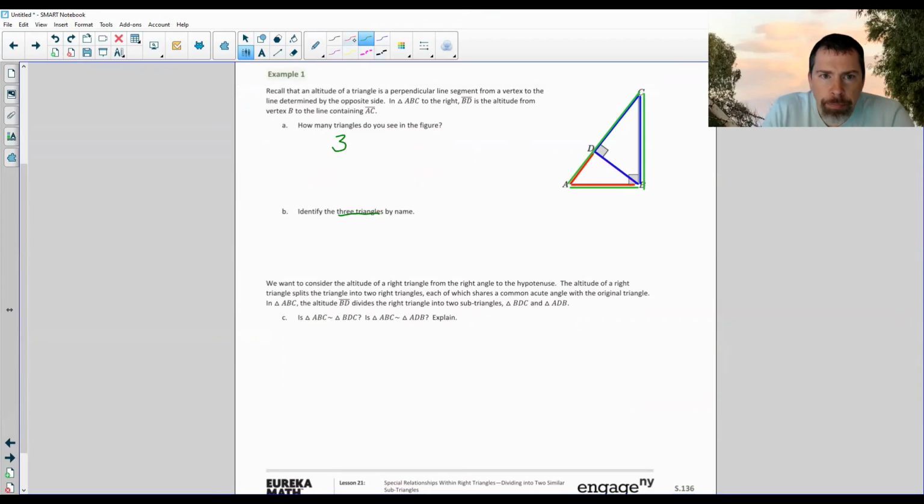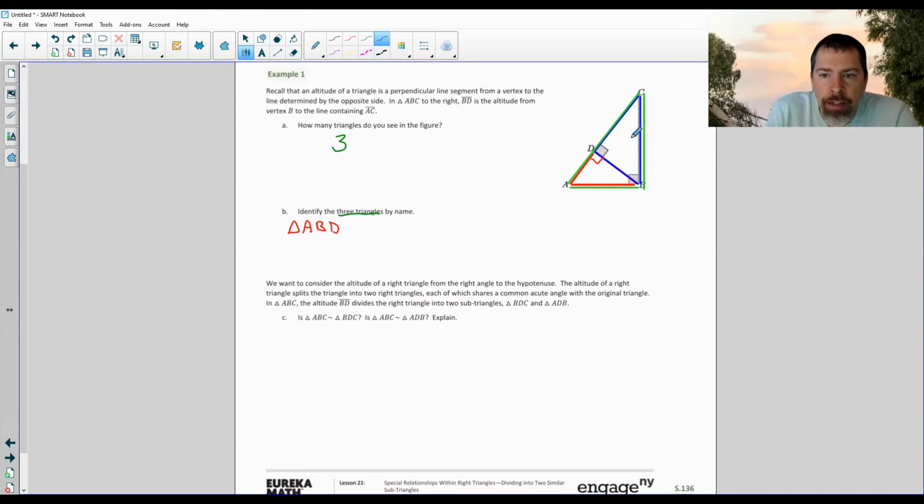Well, the red one, it was with my pen. Can I have my pen, please? Thank you. The red one is triangle ABD. Okay. And I named them with the right angle being last, if you can notice that. D is my right angle, and I set it last. So I'm going to do the same for all of them because we might want to set these up as proportional similarities.